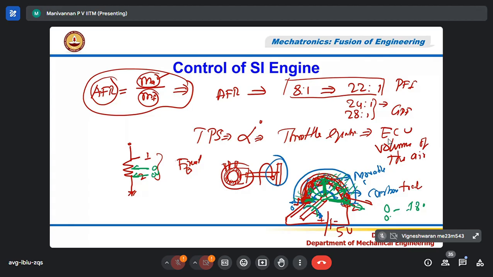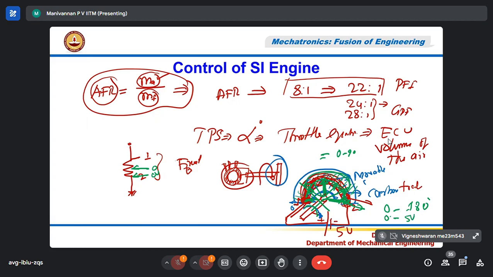As it moves over the carbon track, the output will vary from 0 to 5 volts. In the case of the throttle, it varies from 0 to 90 degree only. This is considered 0 degree, this is 90 degree. Within this only it is going to move.